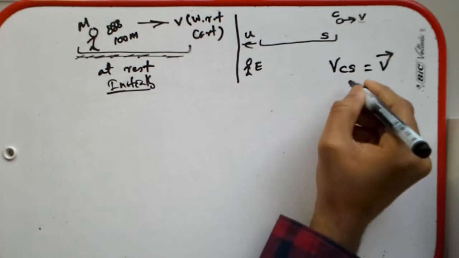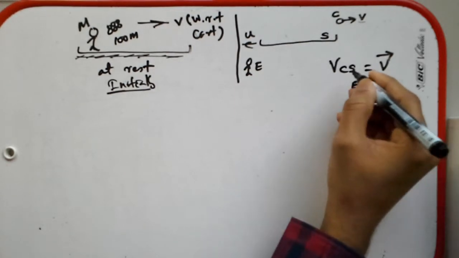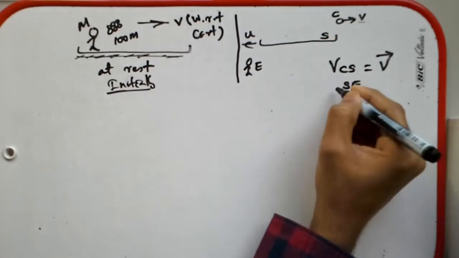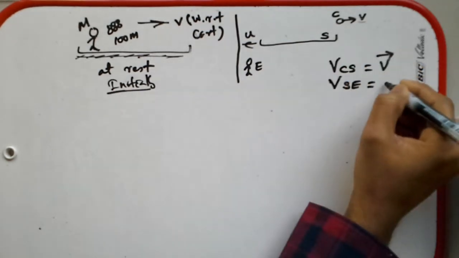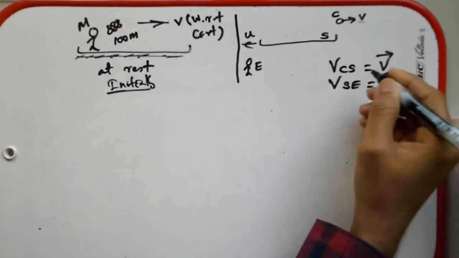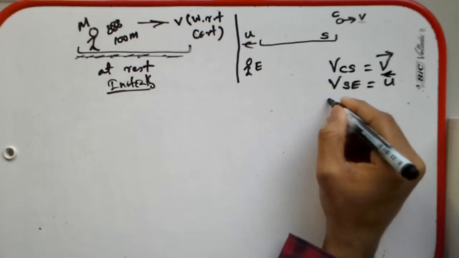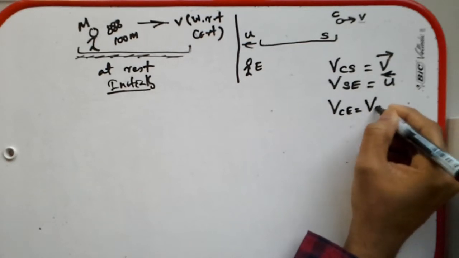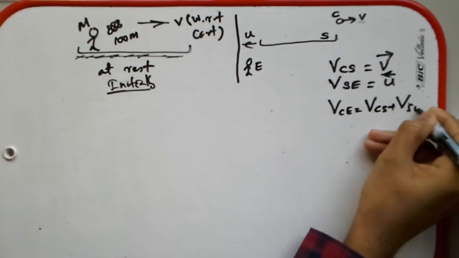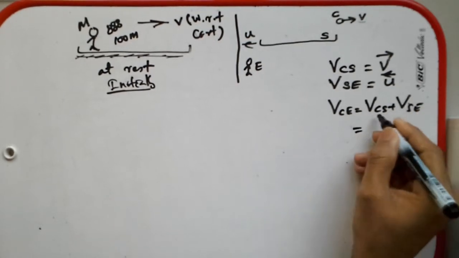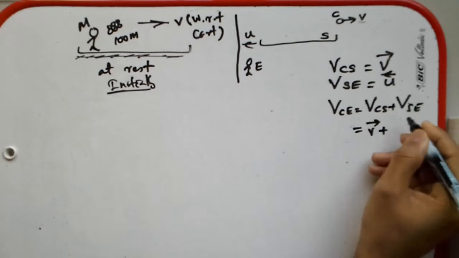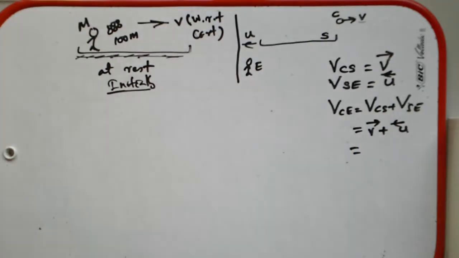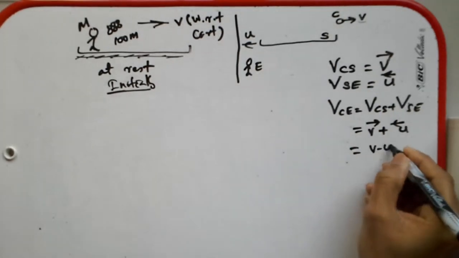And the velocity of this cart, the S frame, is taken as u, but it's moving in the opposite direction. So what is the velocity of the marble with respect to Earth? You can find it as V_CS plus V_SE. V_CS is v, plus V_SE is u in the opposite direction. So with respect to Earth, this marble is actually moving with speed v minus u.